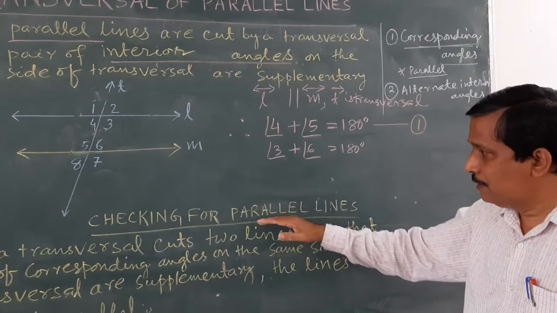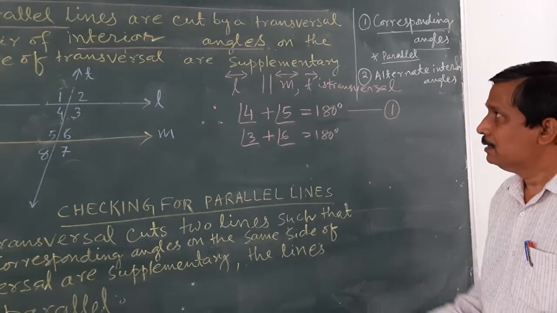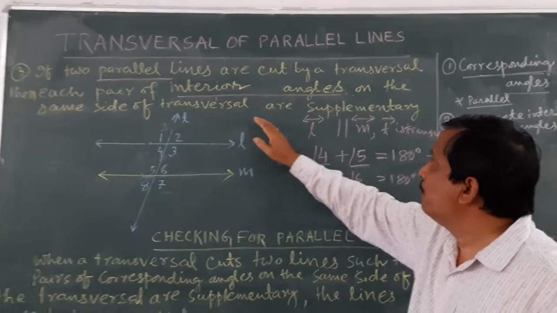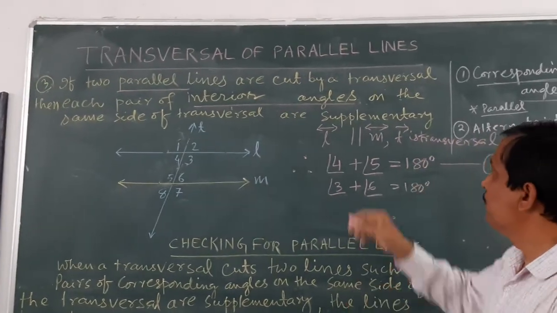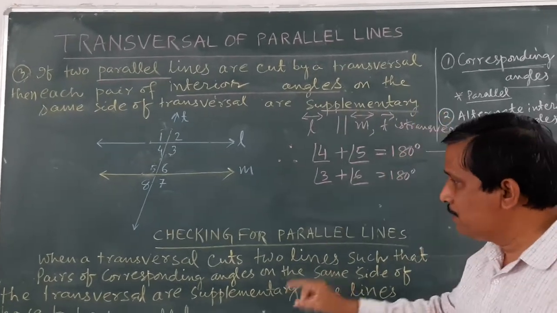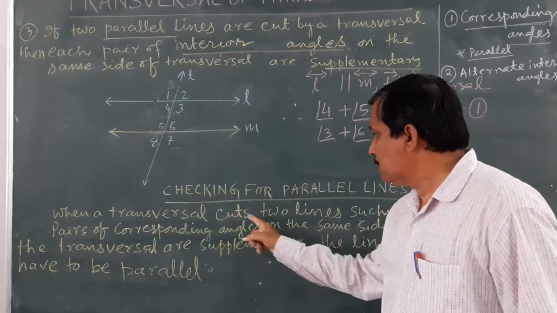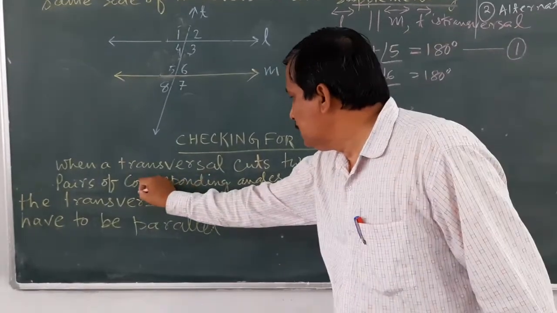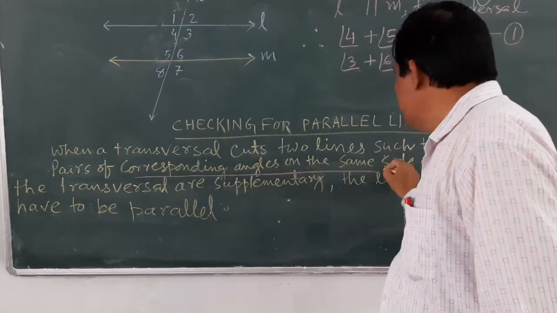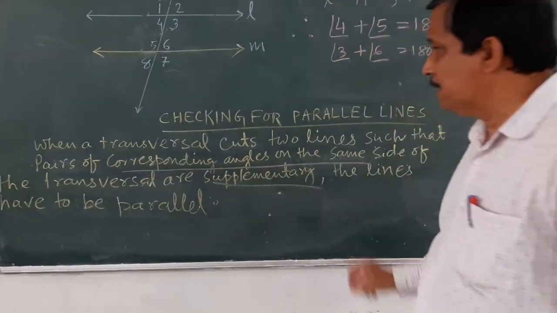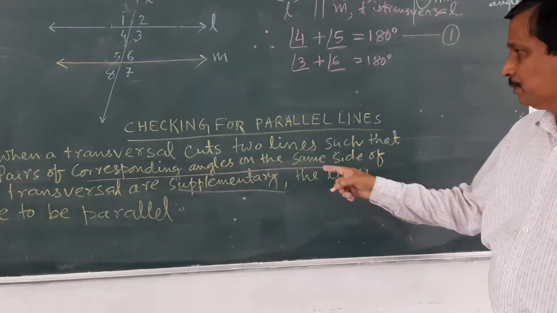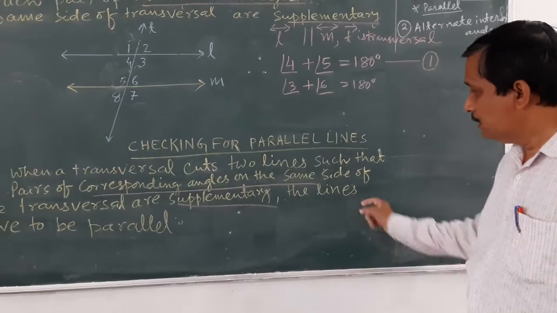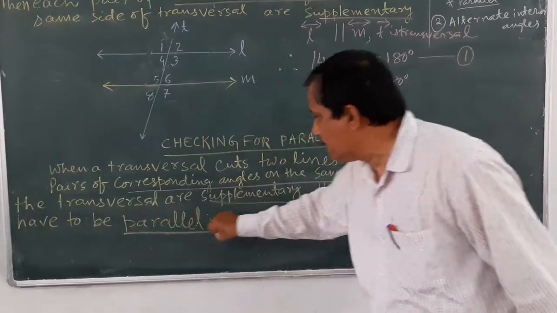Now we will check for the parallel lines. Here it was given that the lines are parallel, but we have proved they are supplementary. But here we see when a transversal crosses two lines such that the angles on the same side of the transversal are supplementary, then we have to prove that they are parallel.